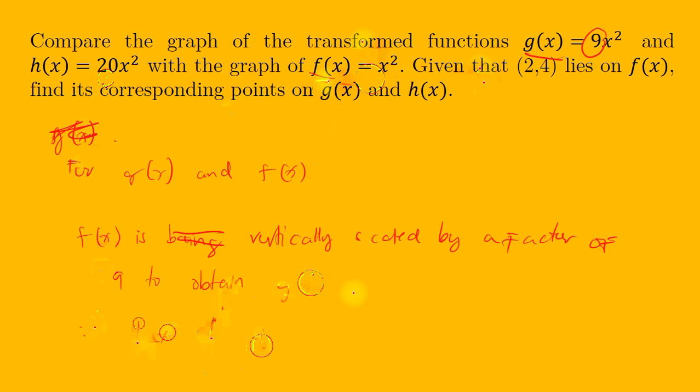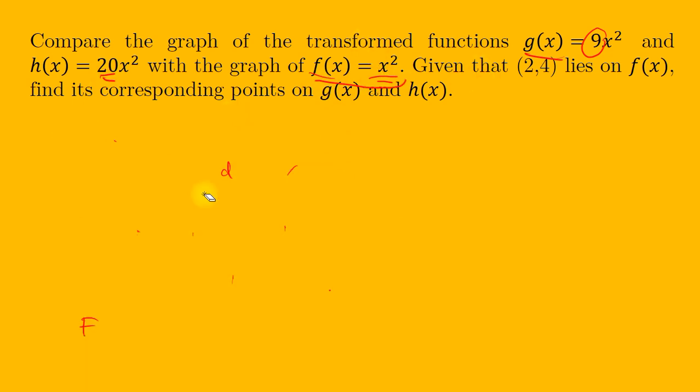Okay, so let's erase this first. So let us say that 2, 4, of course, lies on f of x, because when x is 2, f of x is 4. Again, let's recall, do not be confused with f of x.